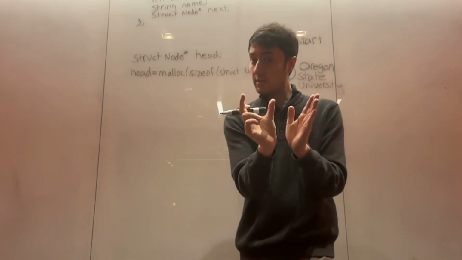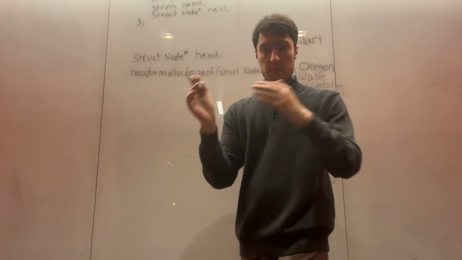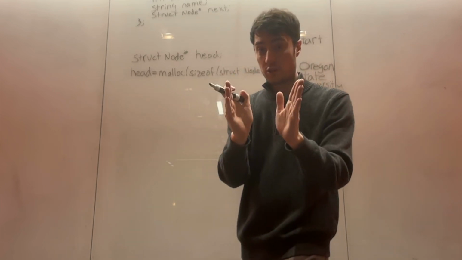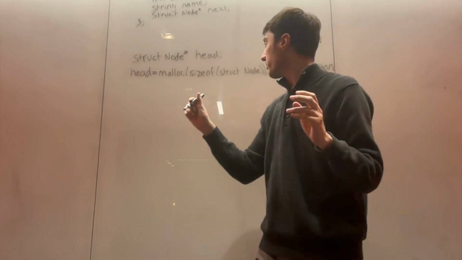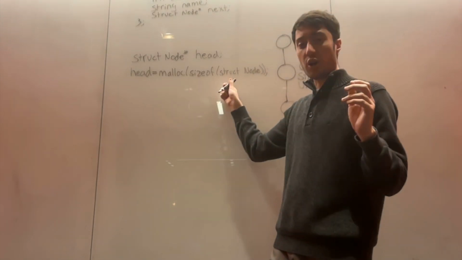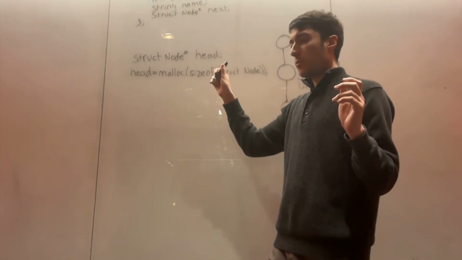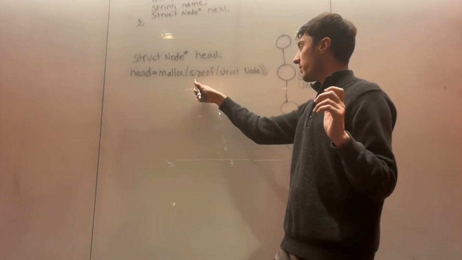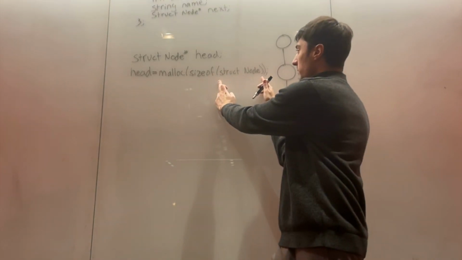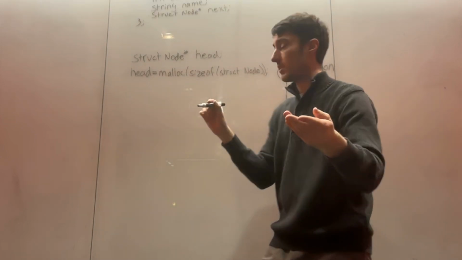Like if I said int, it's going to return the number of bytes for an integer value on your machine. Okay, if I said a float, a long, whatever data type you put in this argument right here, it's going to give how many bytes it is.